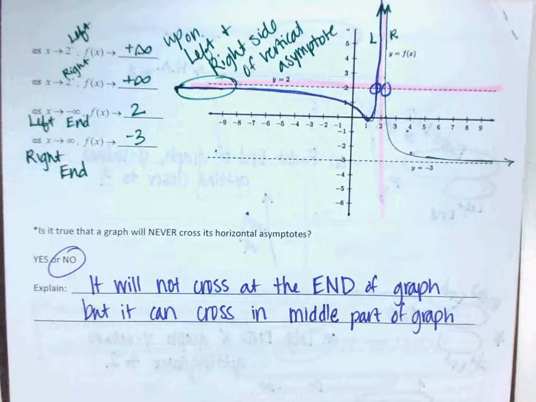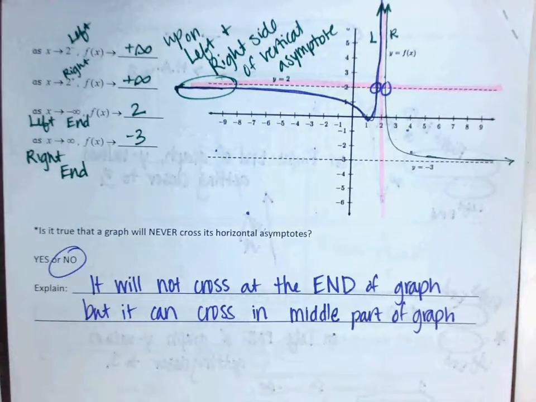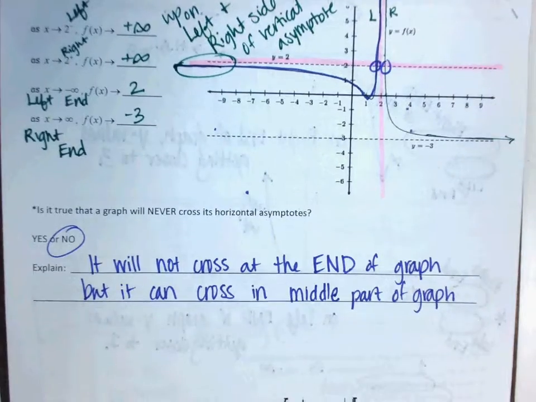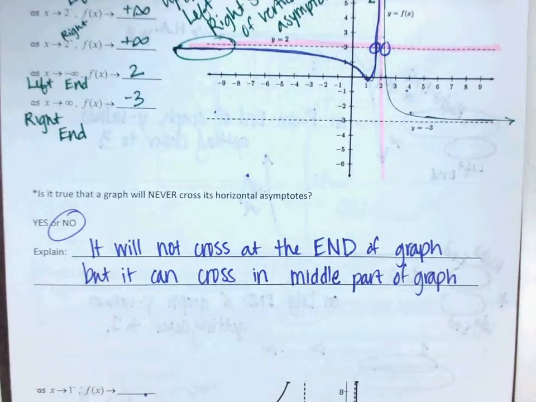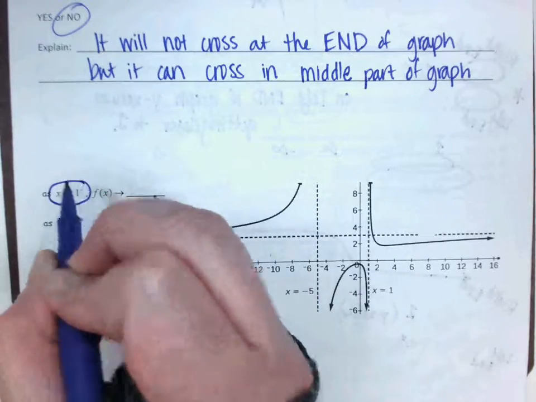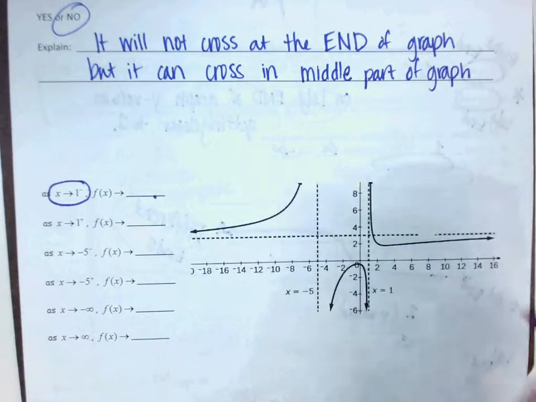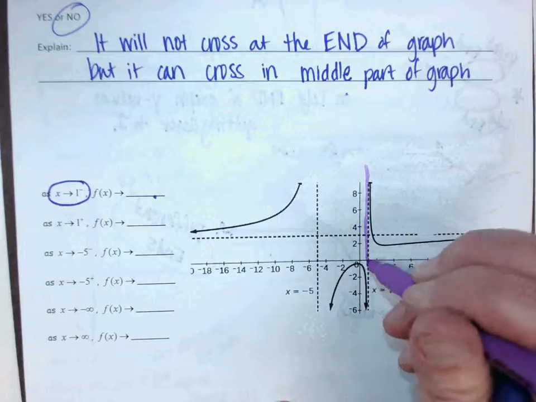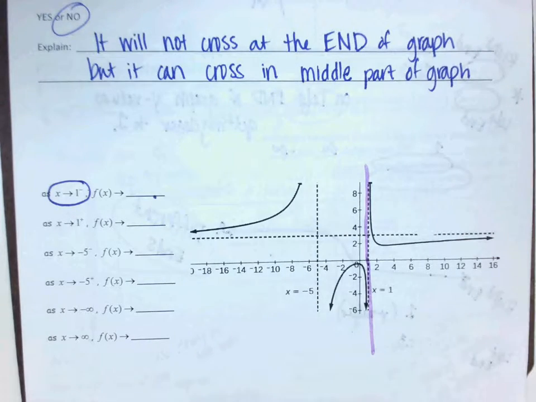Okay? One more left to do together. Last one. Look down at your graph. I want x to be approaching 1 from the left. So I'm going to draw in my line at 1. There it is.